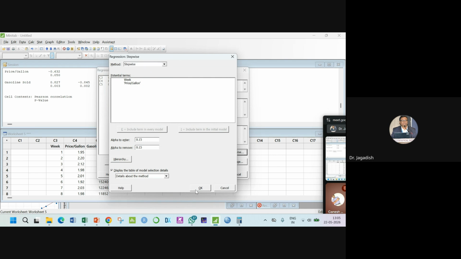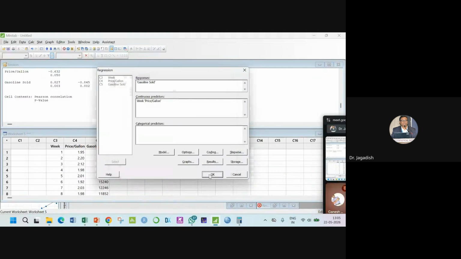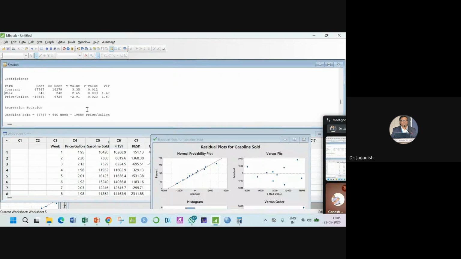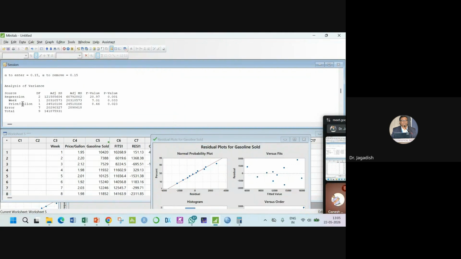Say okay, and the graph is the same, four in one, and the storage is residuals, fits and the coefficients. Say okay and okay. So now if you see the result, it looks like this. In the analysis of variance, yes, week is a significant factor and price is also a significant factor. That is less than 0.05, isn't it?